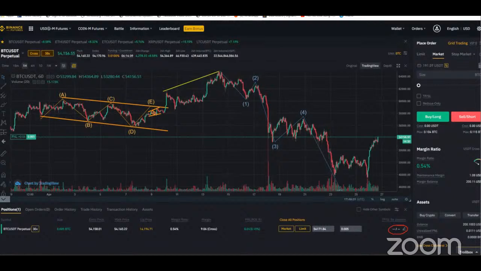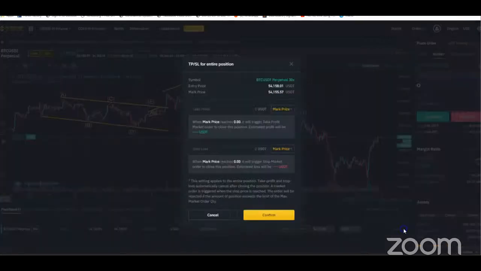stop loss or SL and calculate how much you'll be able to see at a glance. Once you click on it, it takes you here. I've explained this before, so this is just a revisit. We have bought at 54,158, and then our liquidation price, what's our liquidation price here?